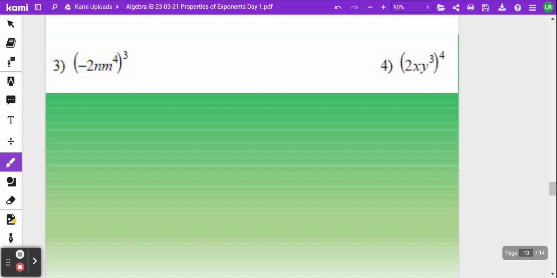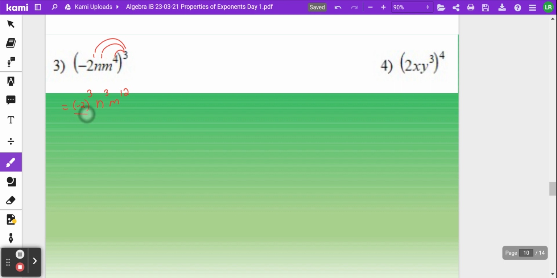Okay, for the first one, put my exponents where they're needed. Negative 2 raised to the third power. Notice I put the negative number in parentheses. You need to make sure you do that. So that's 1 times 3 was 3. For the n, 1 times 3 is 3. And for the m, 4 times 3 is 12. That's the power property right there.